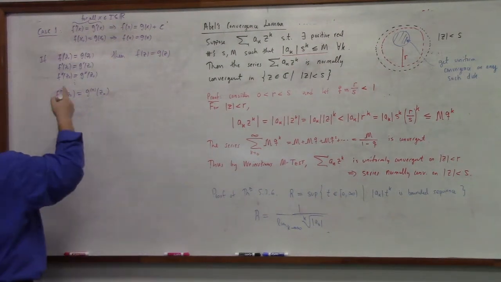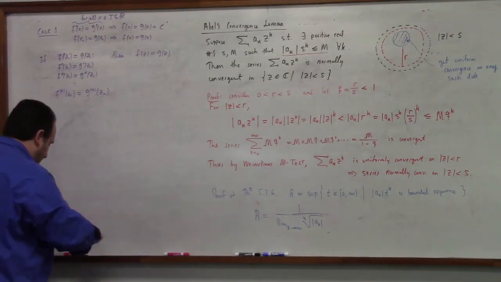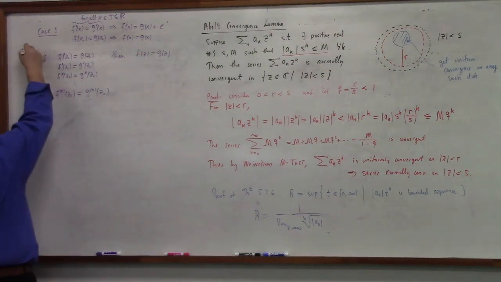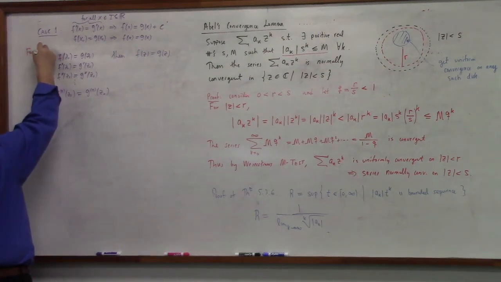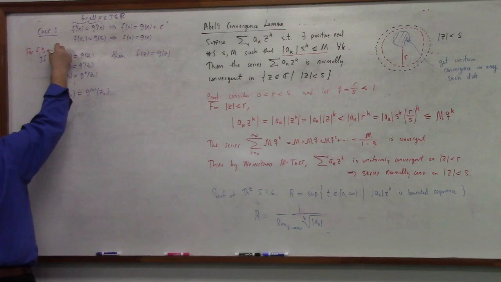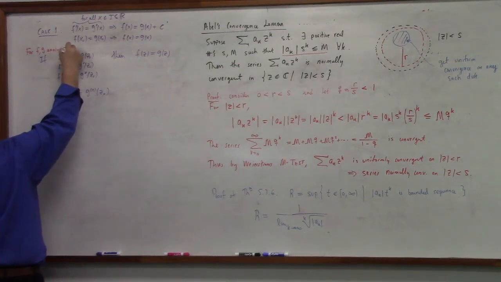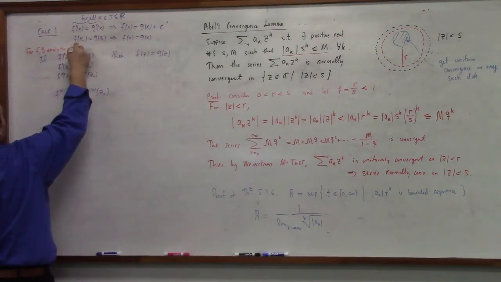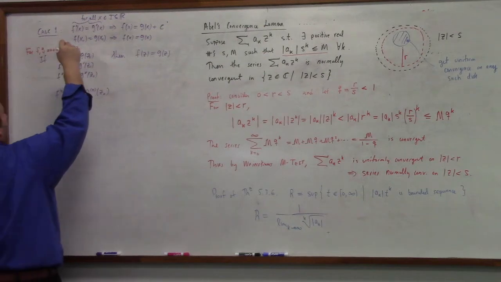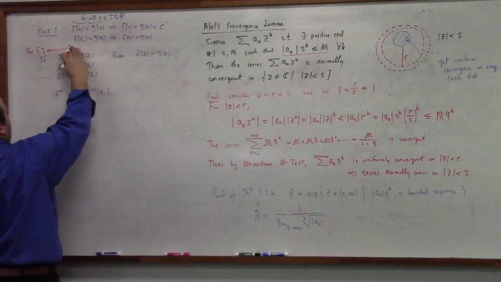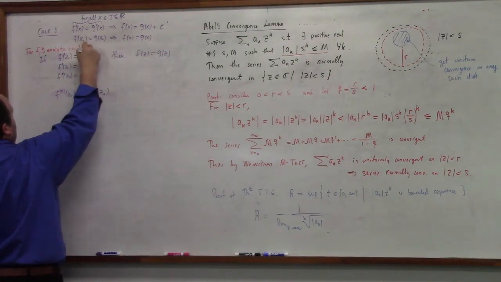Now what's the precondition here? For f and g analytic at z naught. And really we should say f and g analytic on D containing z naught, that's better.